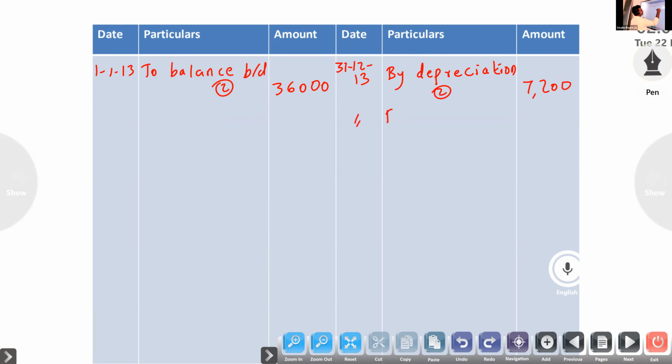So by balance c/d. Second one, 36,000 minus 7,200, 28,800.